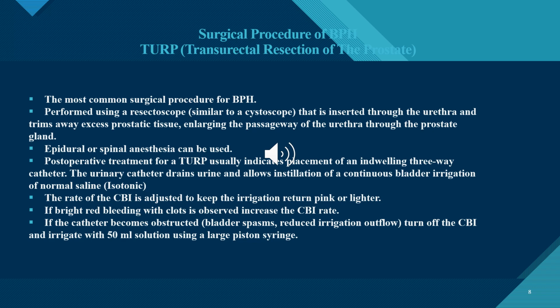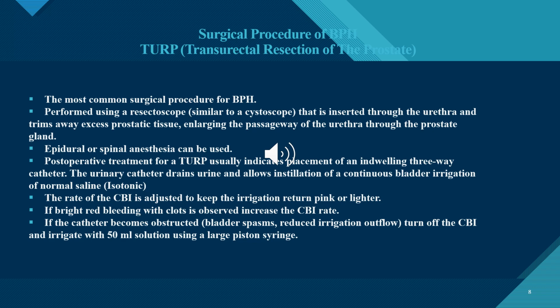It is performed using a resectoscope similar to a cystoscope, which is inserted through the urethra and trims away excess prostatic tissue, enlarging the pathway of the urethra to the prostate and enabling a more comfortable voiding for the patient. Okay, so the patient is able to initiate the stream of urine just like a normal person. Okay, it is done under epidural or spinal anesthesia. Okay.